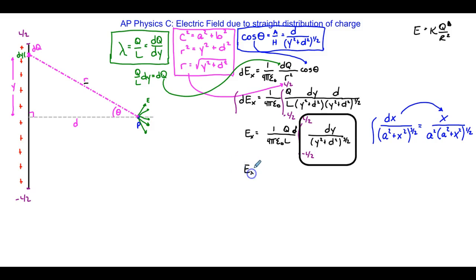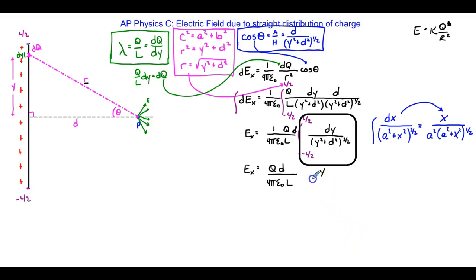The left-hand side doesn't change. It's the x component of the electric field. And I get Q and d in the numerator. In the denominator, I get 4 pi epsilon naught L. And now I have to integrate this thing. And if you pay attention to what's been written in blue, in the numerator, I get y.